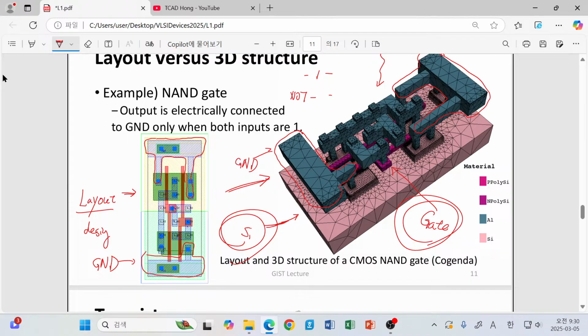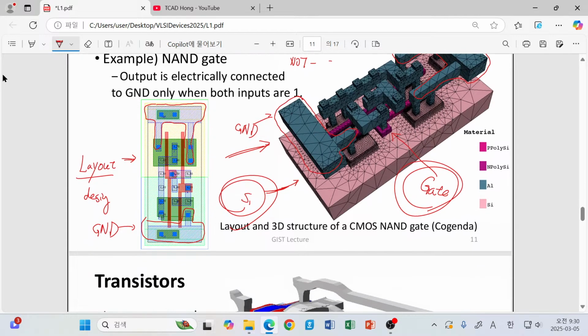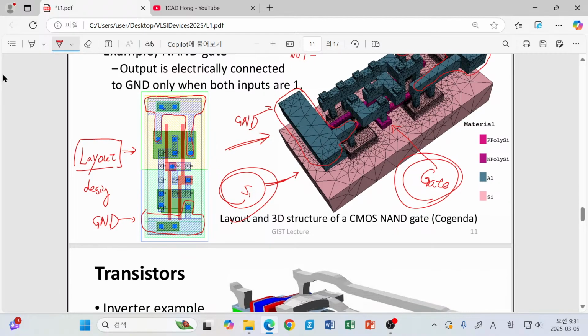So as a device engineer, our goal is, from this layout sent from designers, to make this three-dimensional structure quite well, and its performance should be good enough to satisfy designers' specification. Okay.